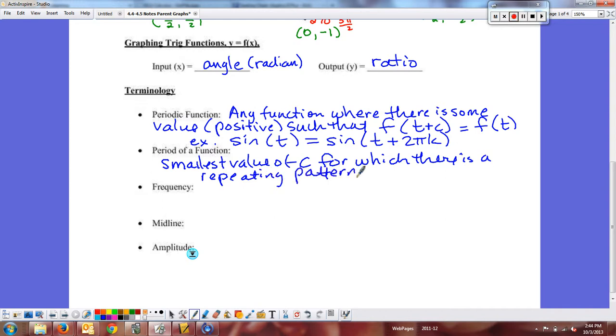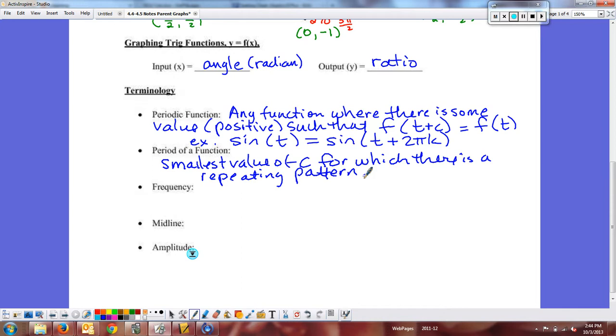And this is important because while we know that all of the trig functions are definitely going to repeat after you go a distance of 2 pi around the circle, some of them may repeat more often than that. They definitely repeat every 2 pi, but they might repeat every, say, pi. So when we talk about the period of a function, we want to figure out the smallest value for which there is a repeating pattern. When do I start over again?